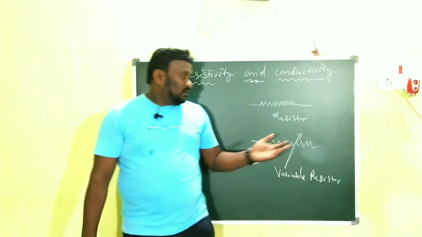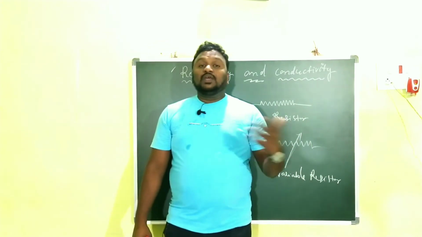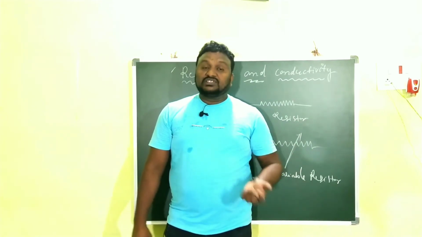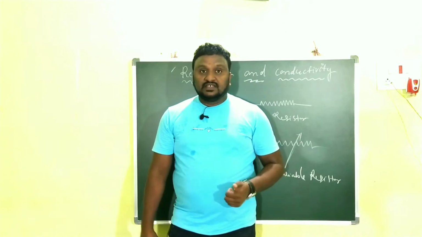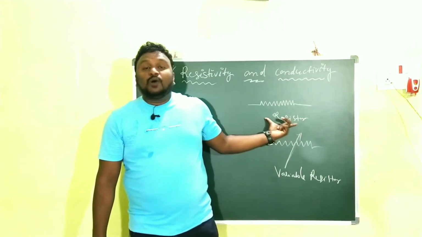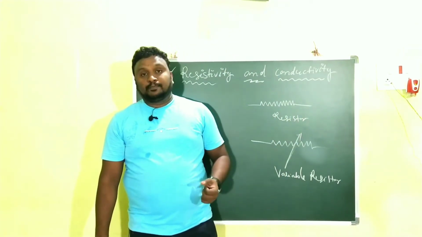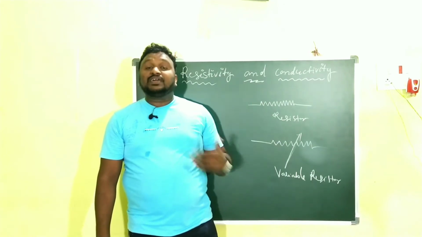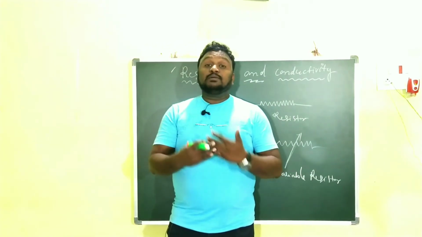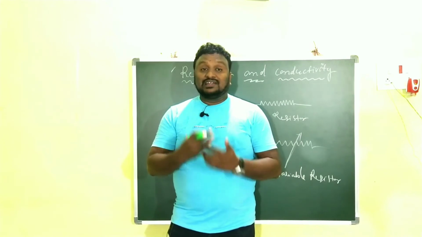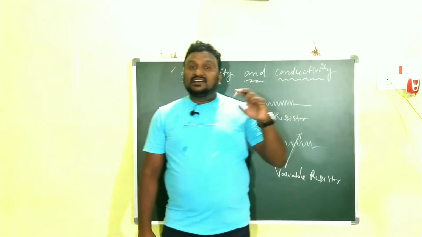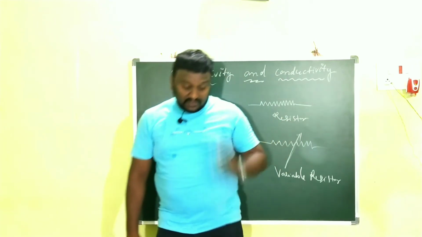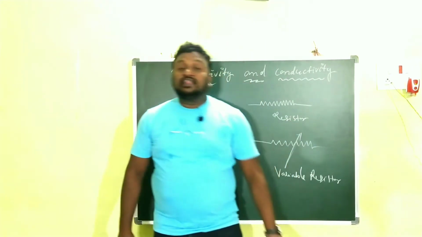But in the case of a variable resistor, the value of resistance changes with respect to the flow of current and with respect to the surroundings, whereas in the resistor the value of resistance stays the same, constant. That's why it stops the same amount of charges while the current passes through the circuit. This is simply about the resistance, the resistor, and the difference between a resistor and a variable resistor.